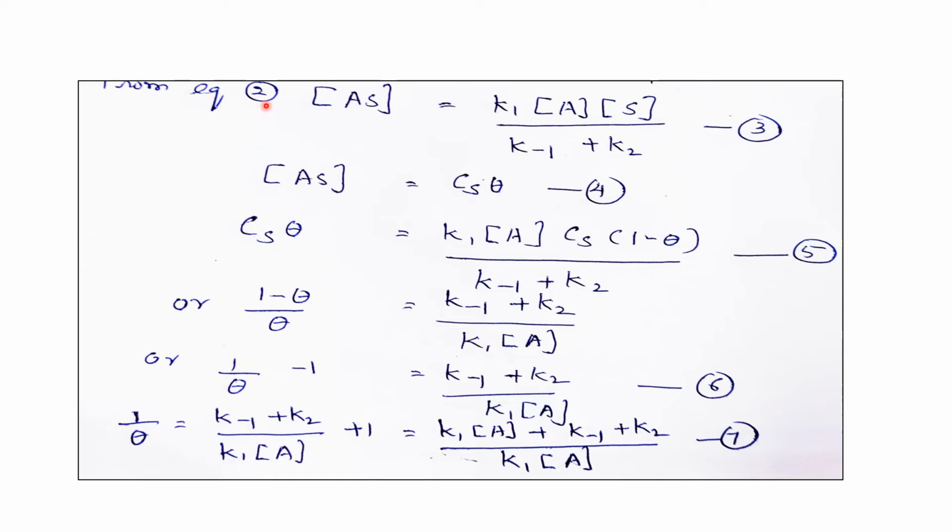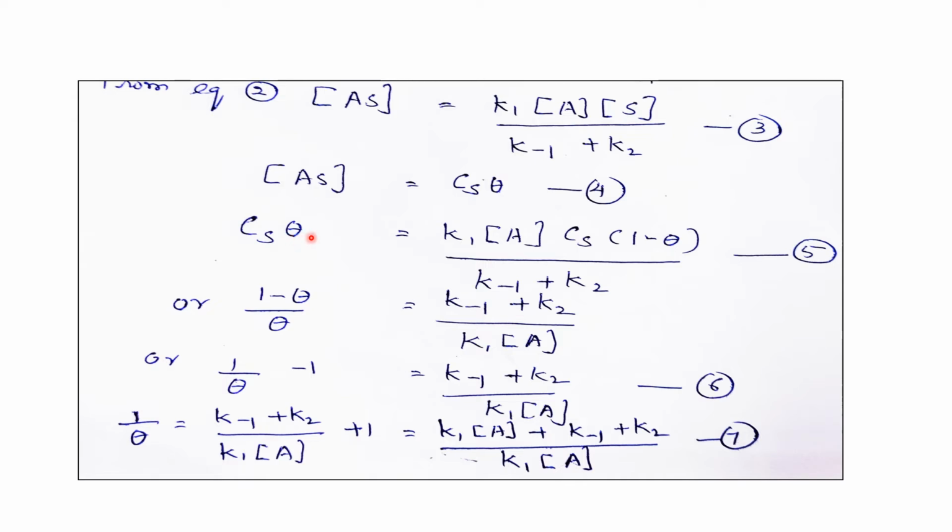From equation 2, concentration of AS is equal to K1 into concentration of A into concentration of S divided by K inverse 1 plus K2. The concentration of AS on the surface is given by AS is equal to Cs into theta.